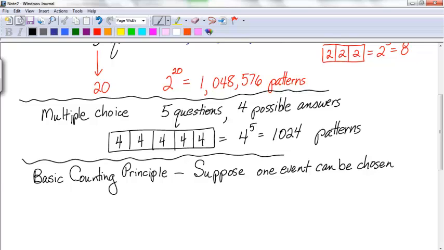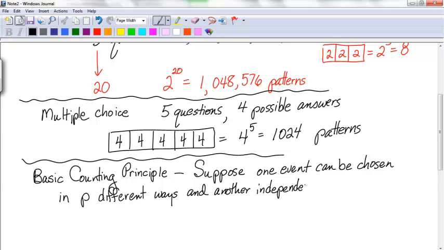Suppose one event can be chosen in P different ways, and another independent event. That means what you choose on question 1 has no effect on what you choose on question 2. So they are independent.